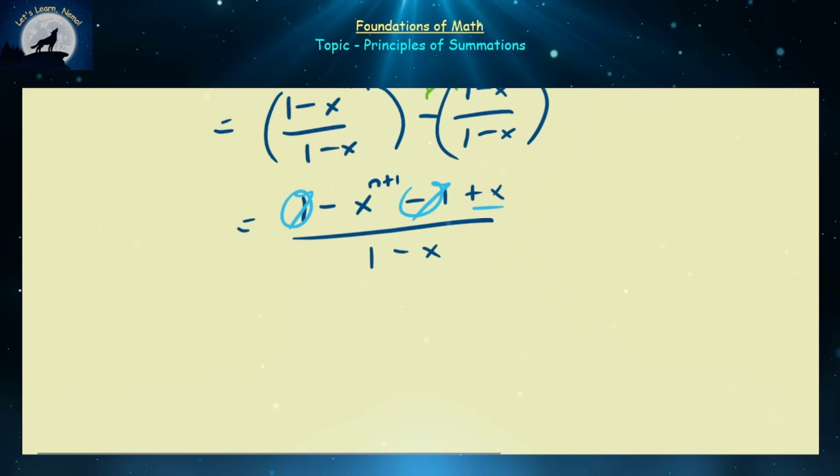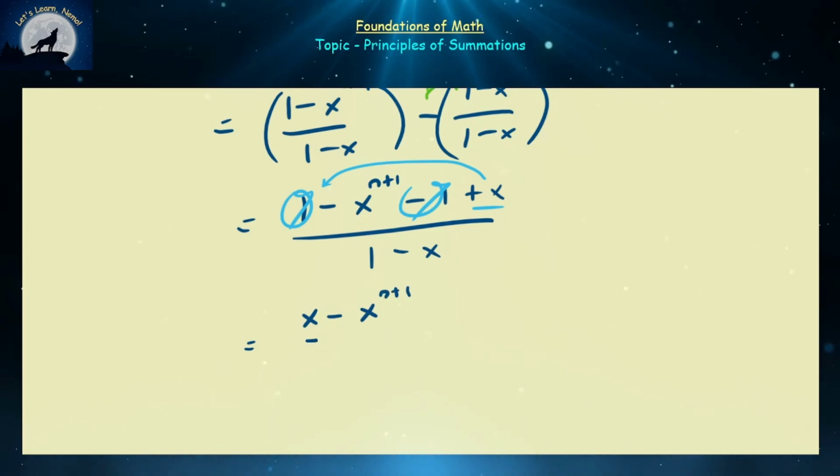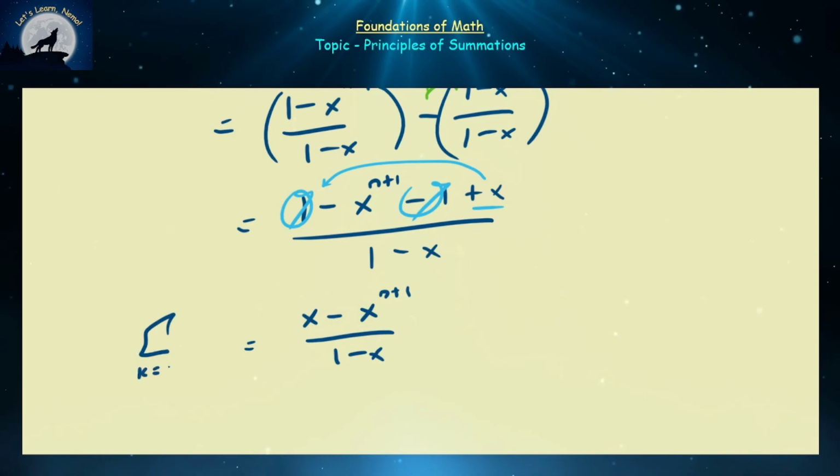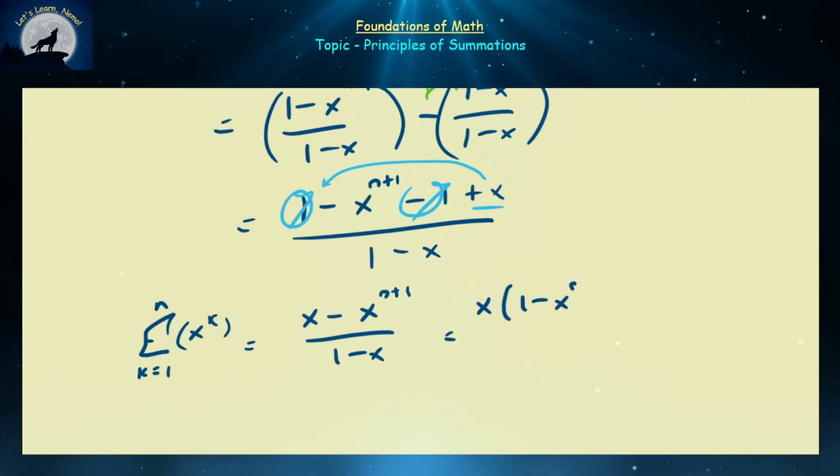Our x is positive. We can shift it in front, and we have that this is equal to x minus x to the m plus 1 all over 1 minus x. And that's the sum from k equals 1 to n of x to the power of k. Some people will factor an x out of this numerator and write that as x times 1 minus x to the power of n all over 1 minus x.